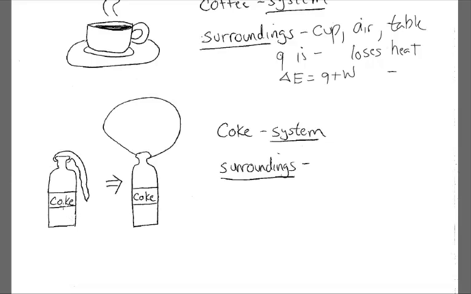Let's say we have a carbonated beverage, and we put a balloon over the top of the container. In time, the carbonated beverage loses its carbonation, gives off gas, and is able to blow up a balloon. This beverage, Coke, is the system, including the dissolved gas to start, and as the gas comes out of solution, it blows up the balloon.